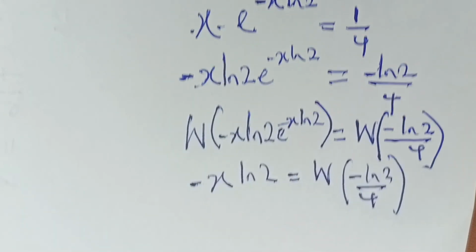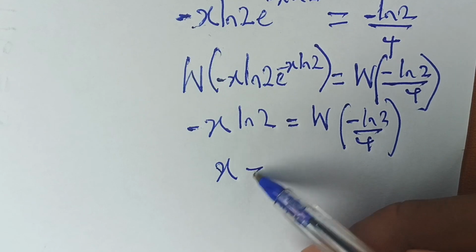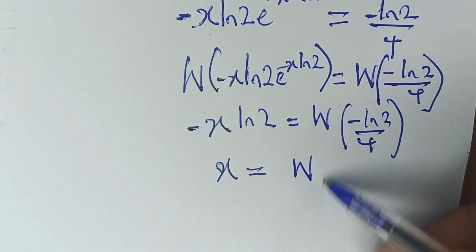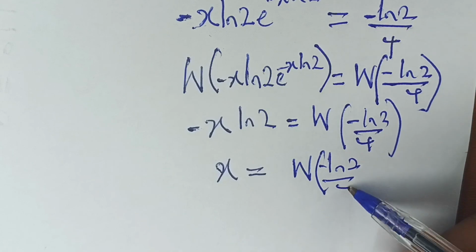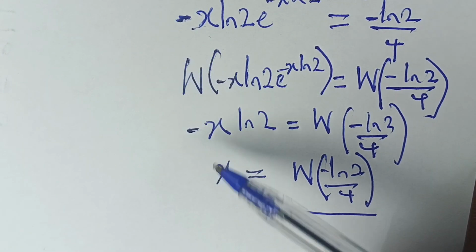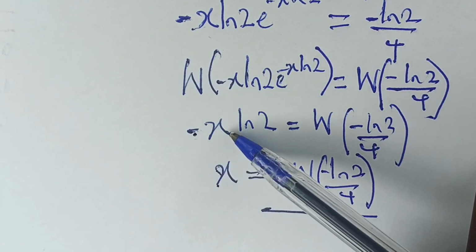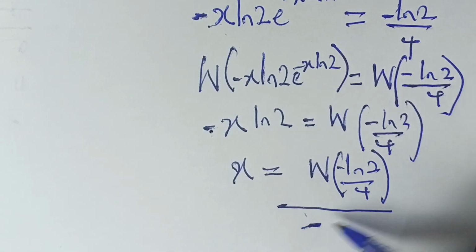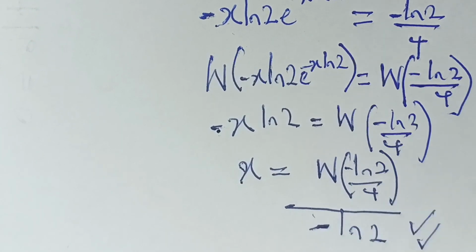From here, our x will be equal to W, or product log, of negative ln of 2 divided by 4, divided by negative ln of 2. Now x is isolated, so this becomes the final answer to this question.